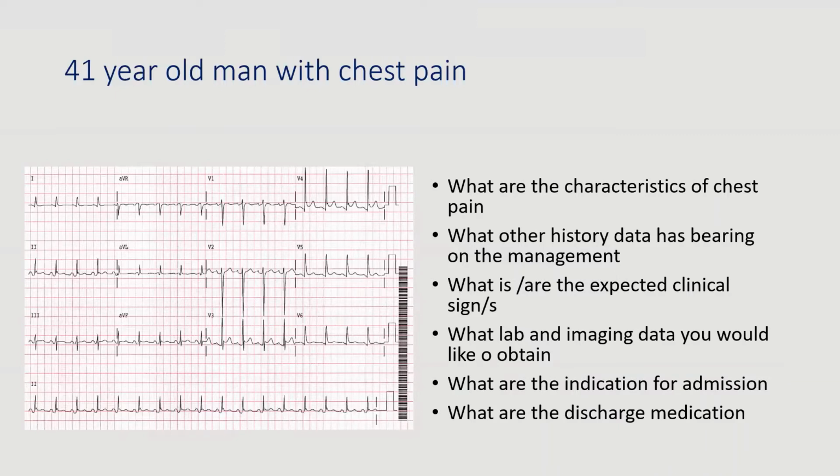You may find a pericardial rub. Yes, you may and may not find a pericardial rub. Pericardial rub is a friction sound because of the inflamed pericardial layers, and when they get rubbed against each other, that produces a sound that could be picked up by the clinician.